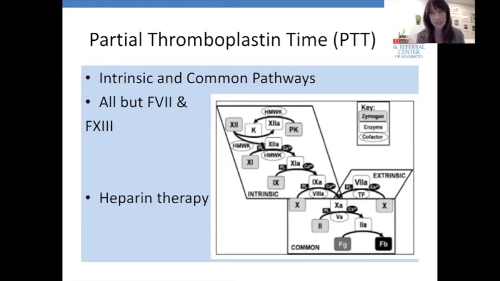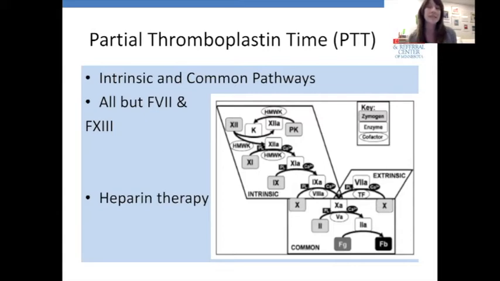Now, PTT is helpful to evaluate a lot of different clotting factors, and we also use it to help us determine the effectiveness of heparin therapy. Heparin therapy is tricky, and evaluating whether it's effective and at appropriate levels can be challenging, but PTT can help us to determine if we're using the right dose or not in our patients, so it's valuable in that respect.